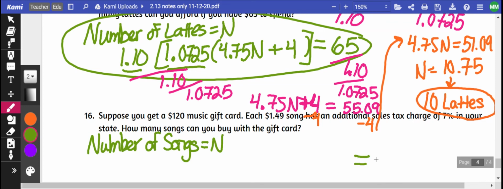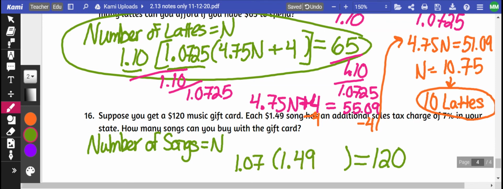And I know that everything will end up equaling 120. The tax will be 1.07, and each song is $1.49.